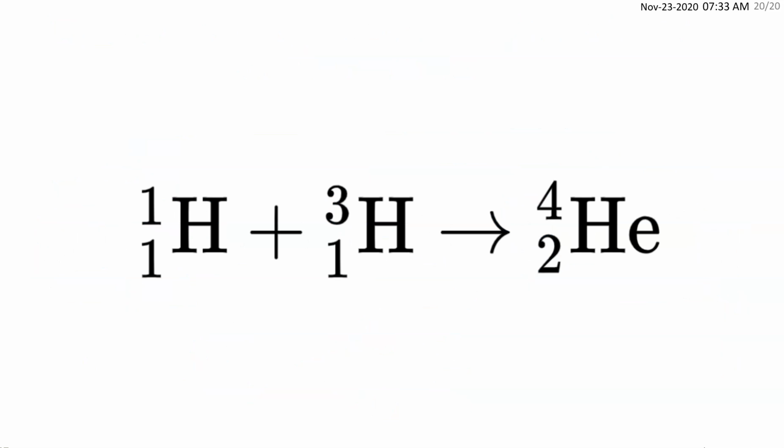Now, the last type of nuclear decay that we're going to talk about is called fusion. And this is the one that we're going to talk about a lot with stars, okay? Because this is a very, very high energy process. Produces lots of energy. So this is the primary driving force behind stars. So this is called fusion.